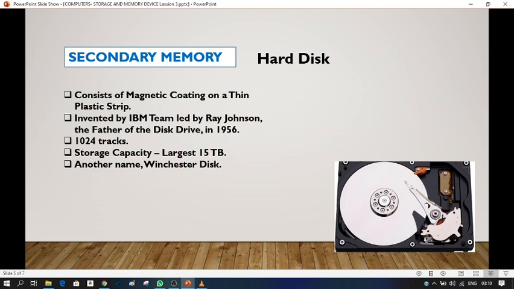Hard disk is composed of one or more platters or discs coated with magnetic material. Both the sides of each disc are rechargeable. Each disc is divided into concentric circles known as tracks. Each track is further divided into sectors.